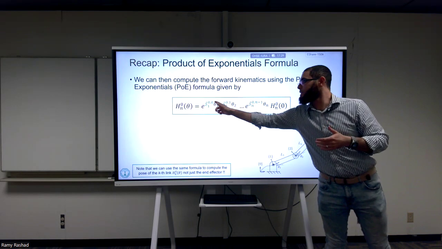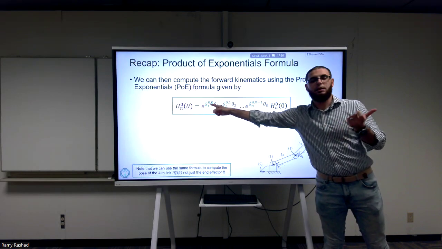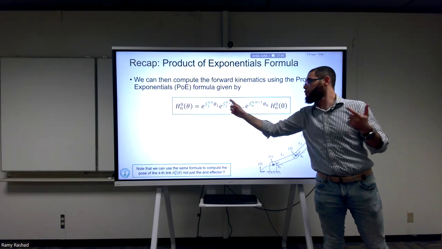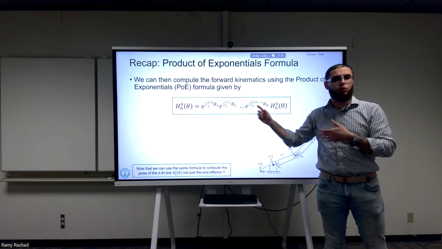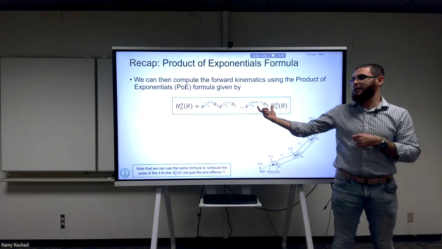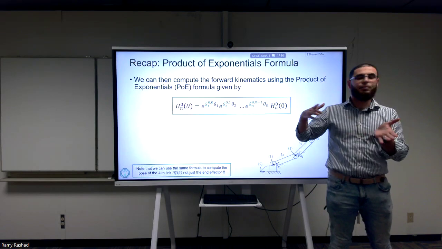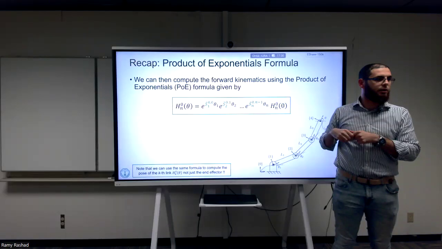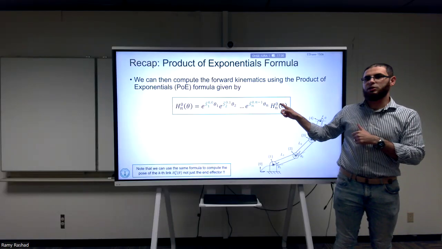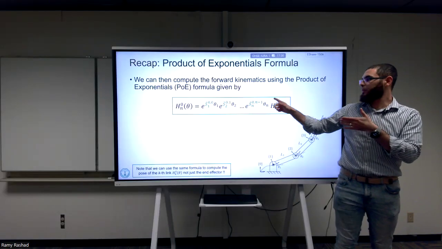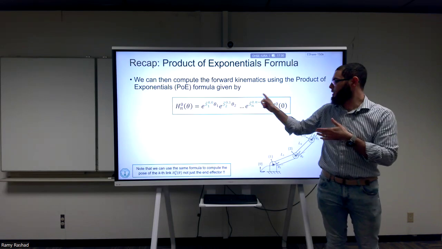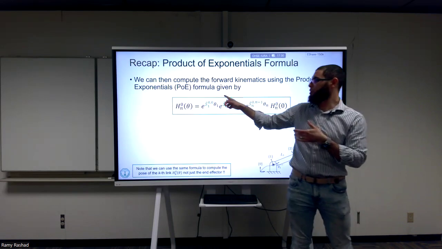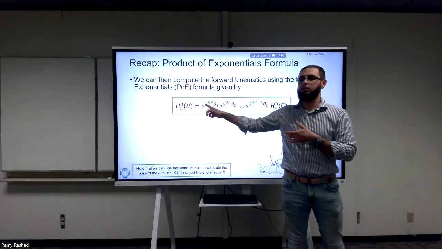You see all of these are the screw axis of joint 0, joint 1, screw axis of joint 2, up till screw axis of joint n. And we have this matrix exponential, which is a map that will take the 6 numbers and give us a homogeneous transformation in the end. So this is a constant homogeneous transformation, multiplied by a homogeneous transformation that's a function of theta n, a homogeneous transformation that's a function of theta 2, up till theta 1.